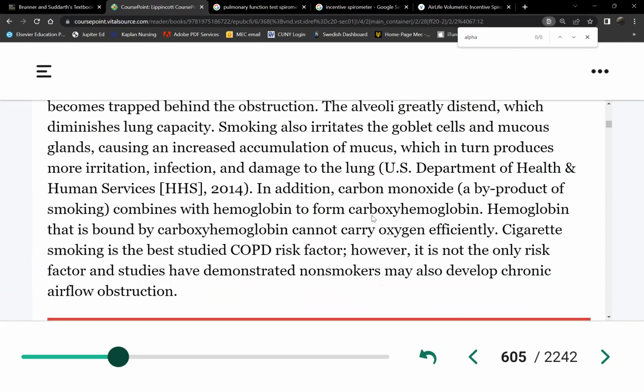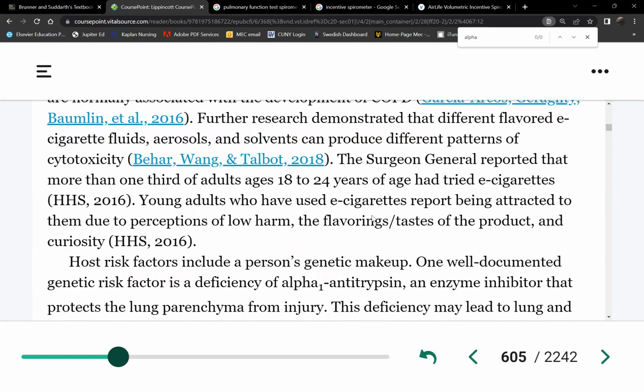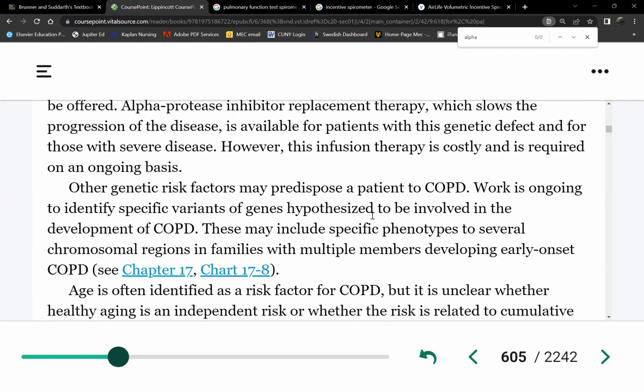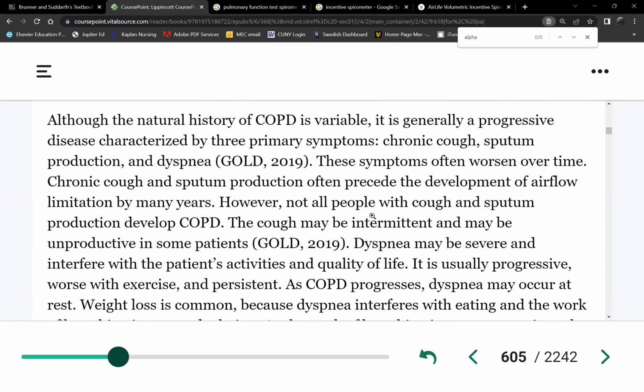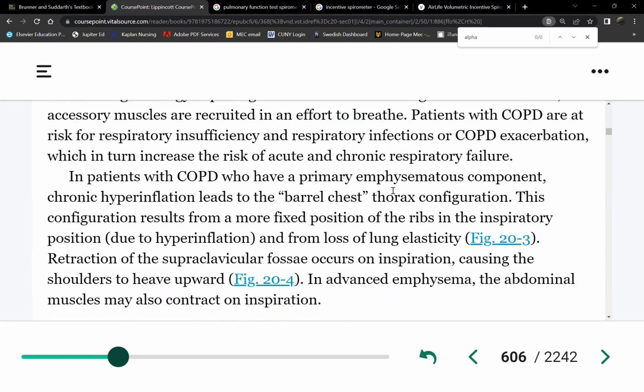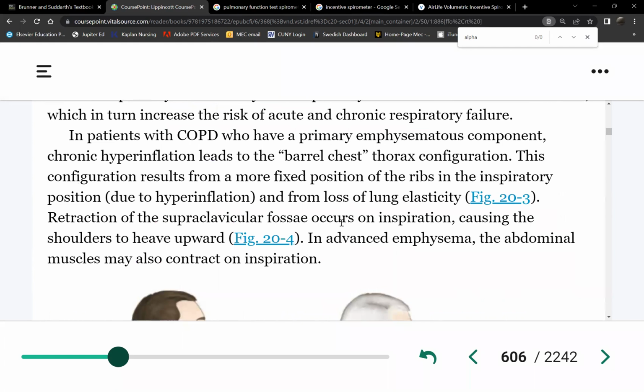Can that be cured? No, you need a lung transplant in order to cure that, just like in heart failure. So same idea. Barrel chest is permanent. What else is permanent here? Yeah, of course. We're talking about COPD. I'm talking about manifestations.